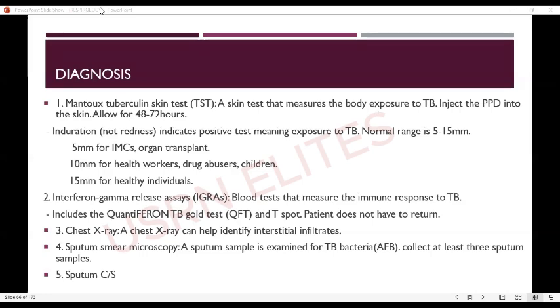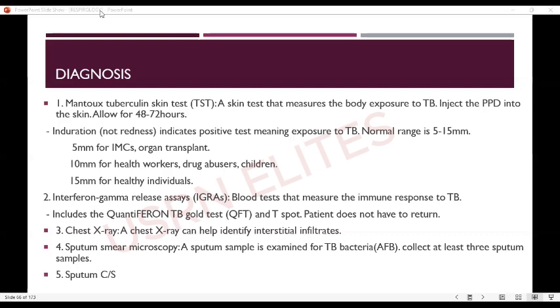When you inject the PPD and you get less induration, or if there's no induration, what does that mean? It's negative. It means that you have not been exposed to the bacteria. For example, someone who is always in the house, does not go into overcrowded areas, who doesn't expose himself to people.